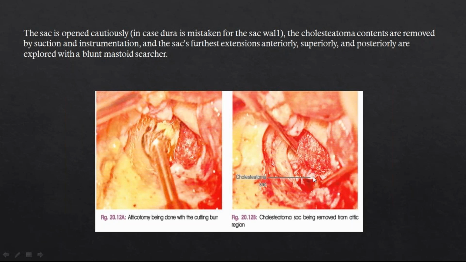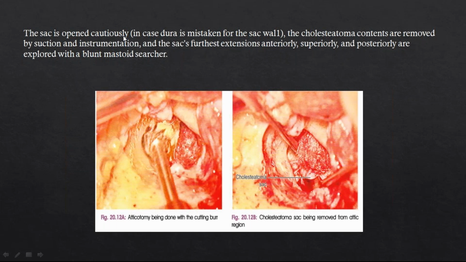Here you can see the cholesteatoma sac being removed from the attic region, and the atticotomy being done with a cutting burr. The size of the burr is whatever the surgeon finds convenient.